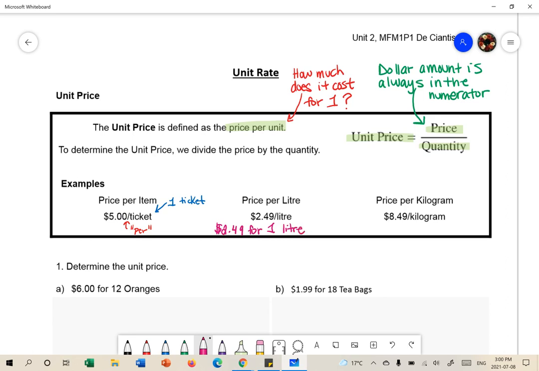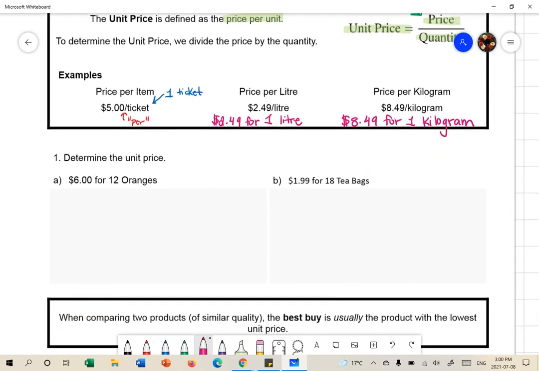And $8.49 per kilogram. $8.49 for 1 kilogram. Keeping all this information in mind, let's practice determining unit prices.